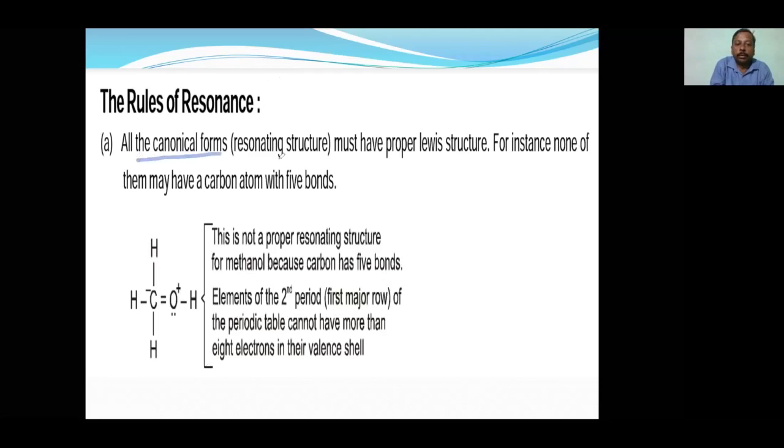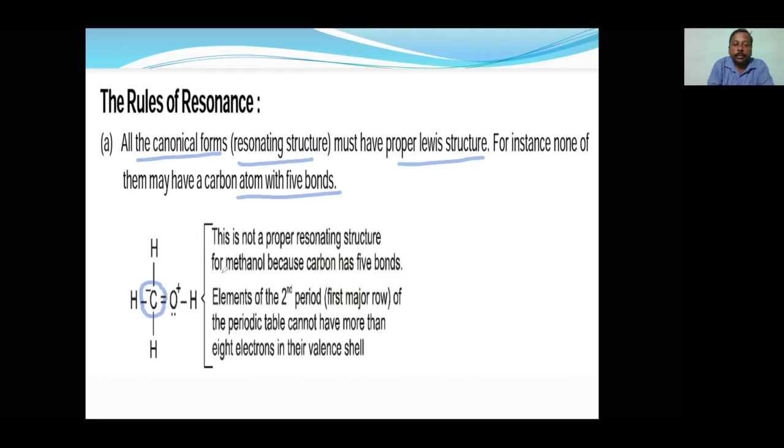All canonical forms or resonating structures must have a proper Lewis structure. That is the first basic rule. For instance, one of them may have a carbon atom with a pi bond that should not happen, because according to Lewis principle carbon should have four electrons participating with four more electrons, eight. Here, if you count, this carbon has five bonds.